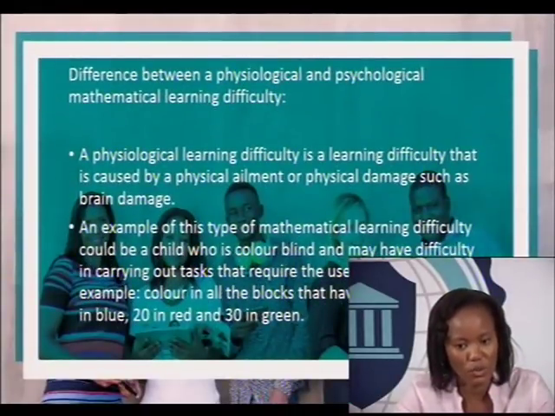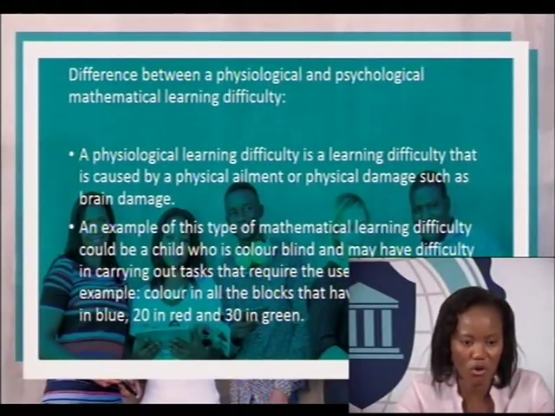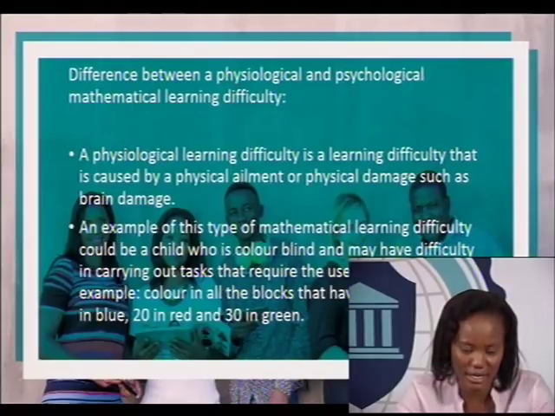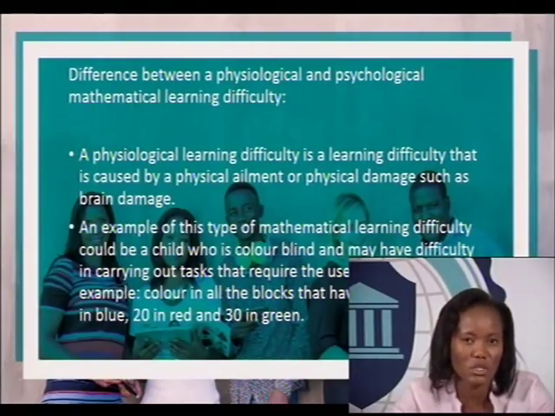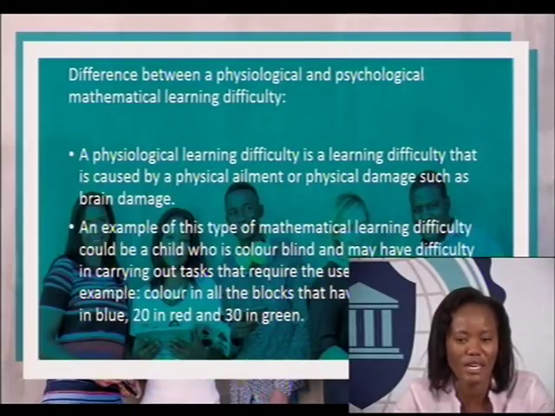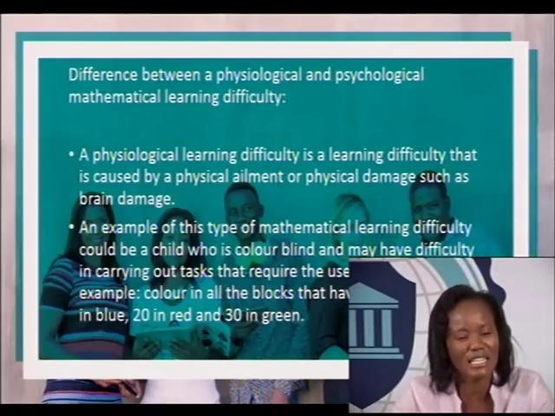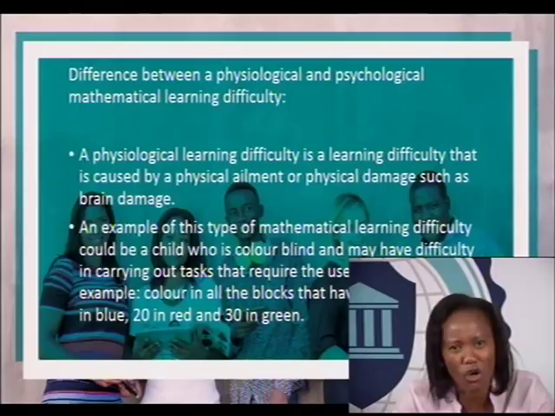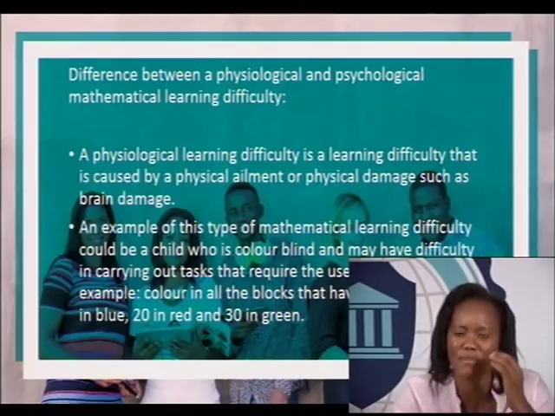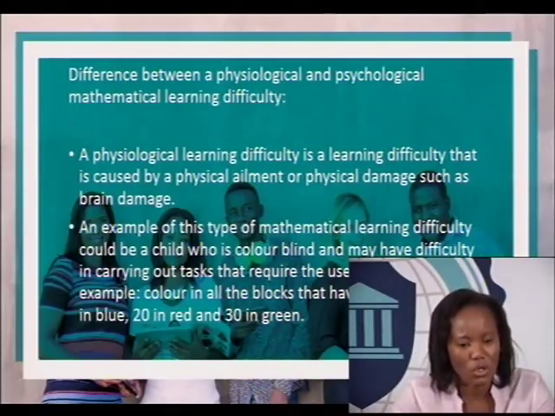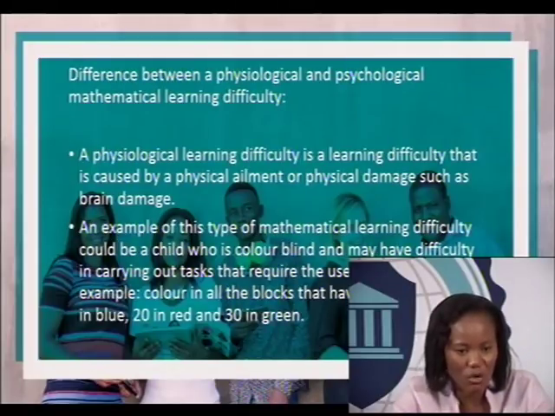The differences between physiological and psychological mathematical learning difficulties. I do not know why students confuse the two, physio and psycho. Physio, physical, it's leading to physical, and psychological has to do with mental. So let's look at our definitions here, or the difference here.